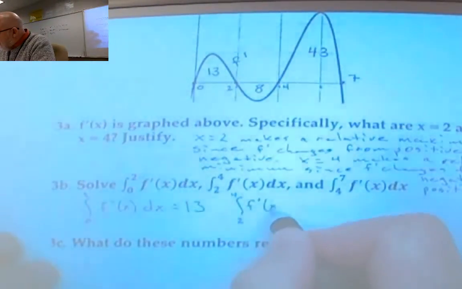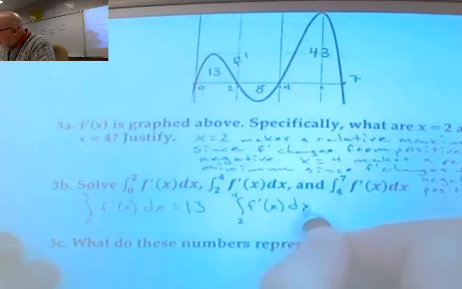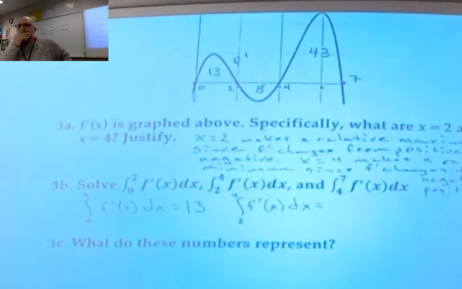Again, I'm going to give you the hard one. It looks like an 8, but it's not an 8. You could say this: it's 8 going in the opposite direction.